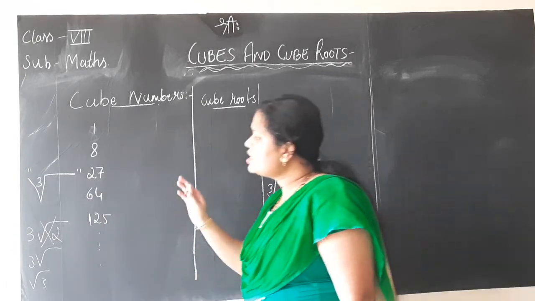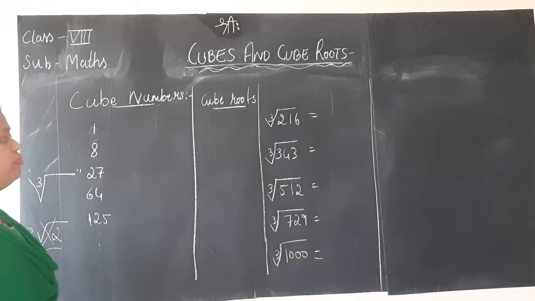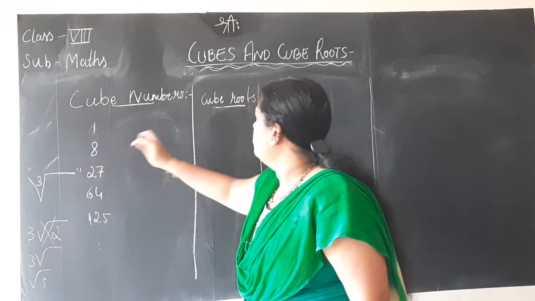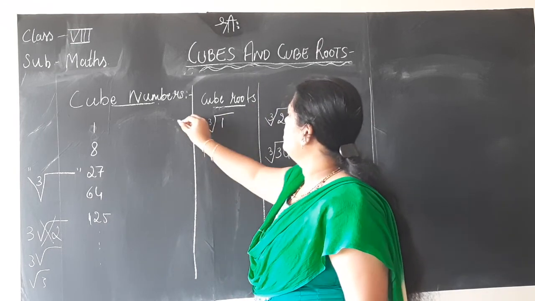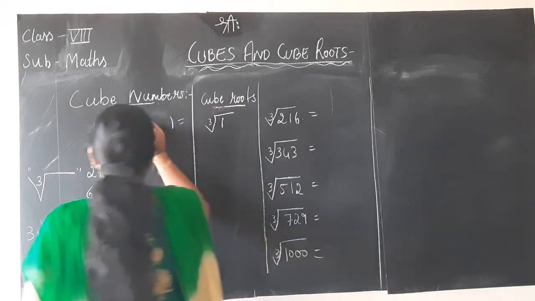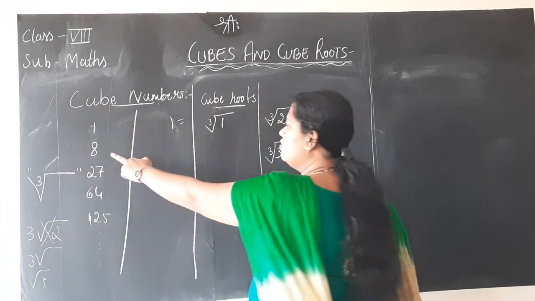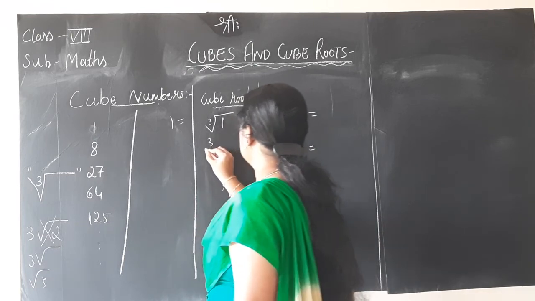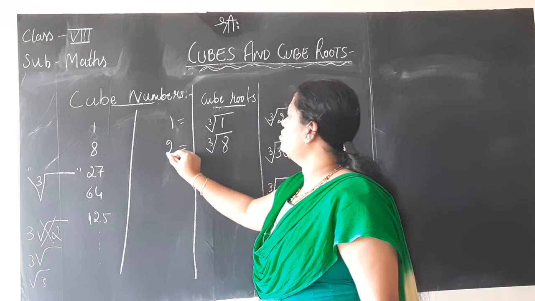Now, for these numbers, we are going to find the cube root. Like, children, cube root of 1 is what? It is 1. Now I'll write that here. I will draw a line so that you won't get confused. Now we have number 8. What is the cube root of 8? It is equal to 2.